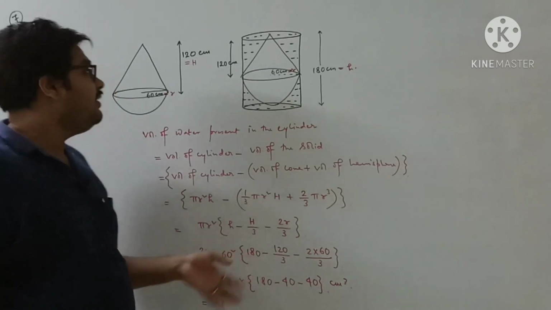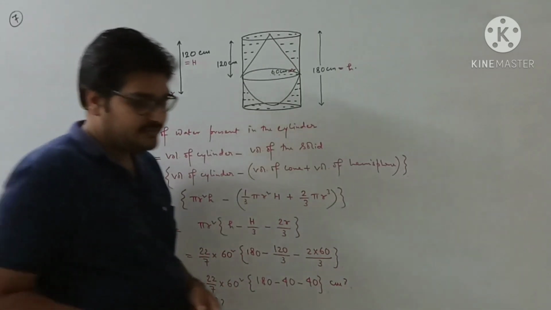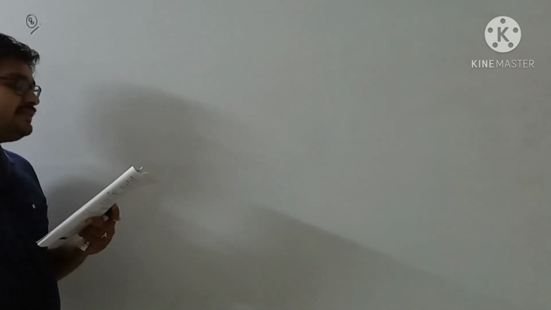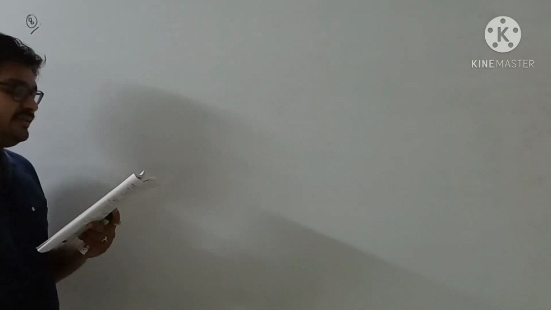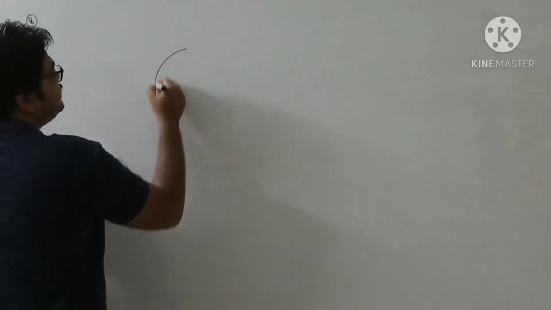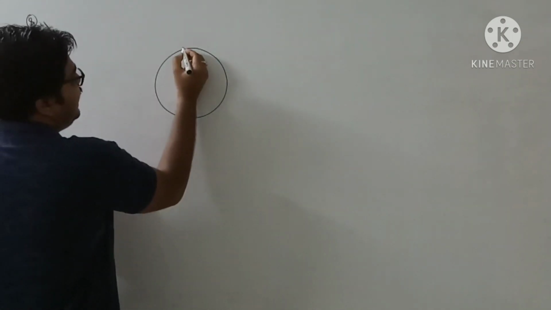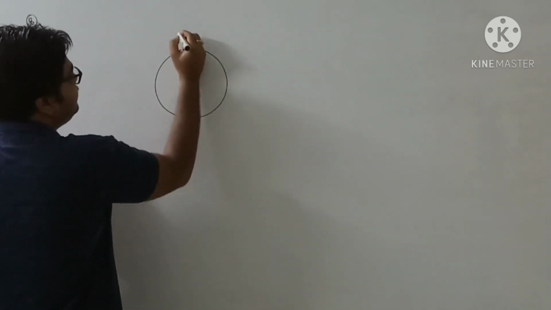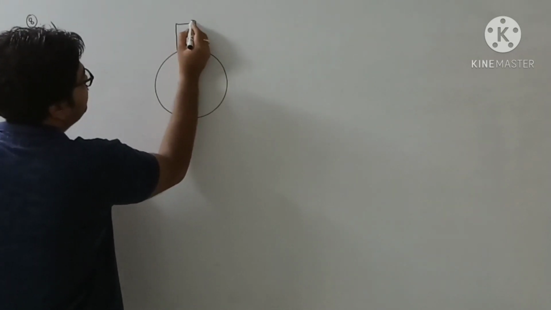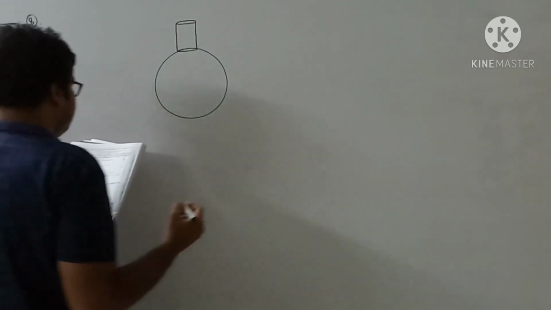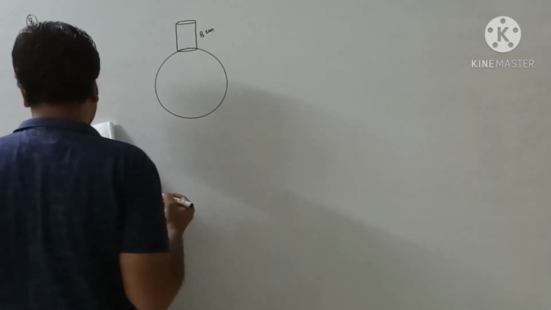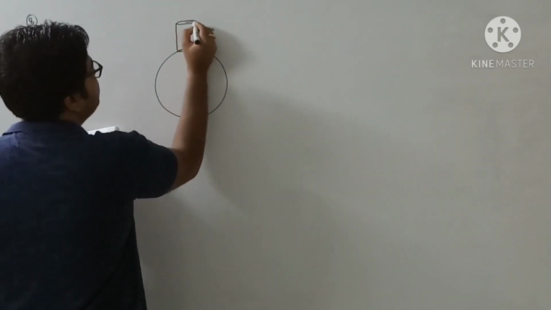Okay, now we go for question number 8. A flask has a cylindrical neck 8 cm long, 2 cm in diameter. It is a spherical glass vessel having a cylindrical neck, and this neck has height 8 cm and radius 2 cm.